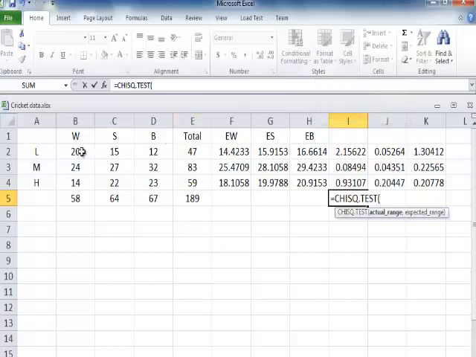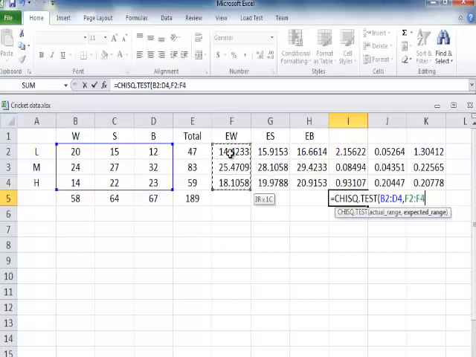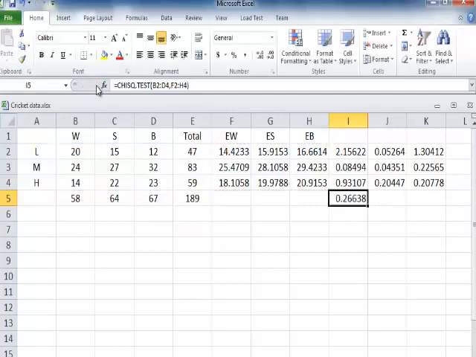This is chi-square test. You can just feed it the matrix. The actual range, and then the expected range. Although it should be able to compute the expected range by itself. I don't know why it wants us to do that. .266.